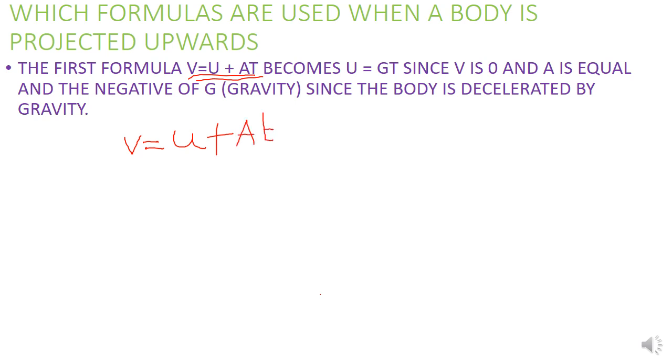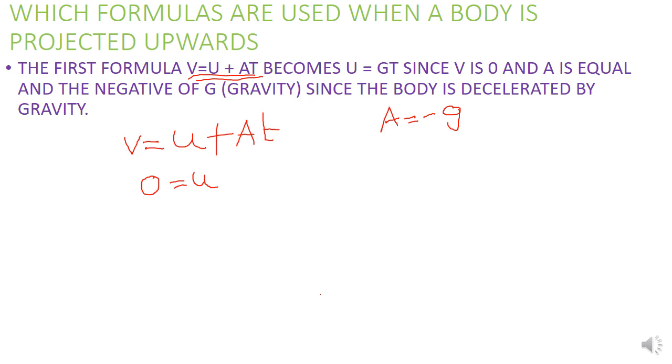This is the general formula. But remember, in this kind of situation, V is 0. So this whole formula will be 0 equals U, and remember that A is negative g. The acceleration in this case is negative g.